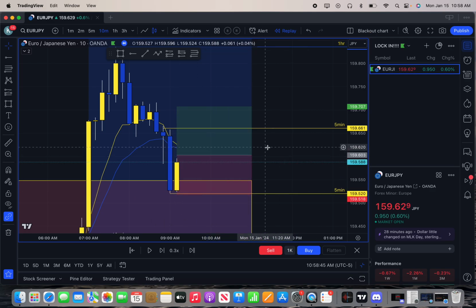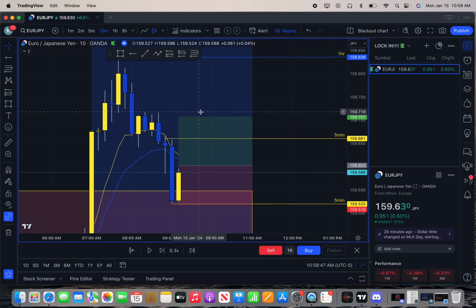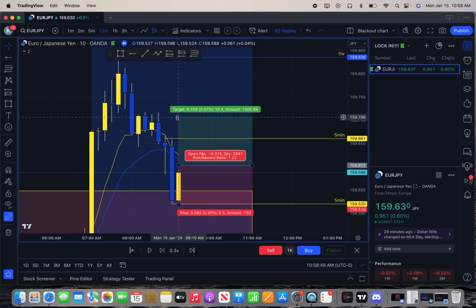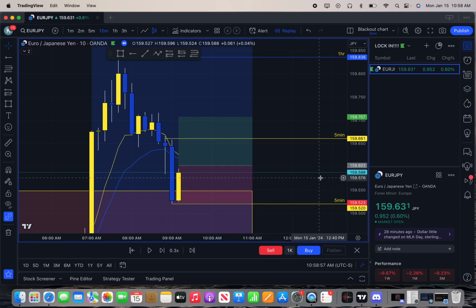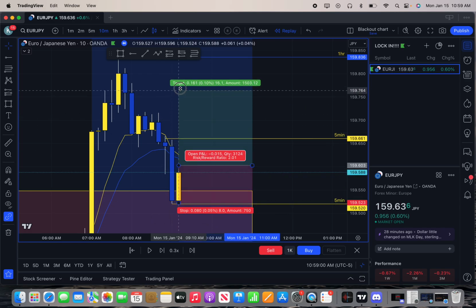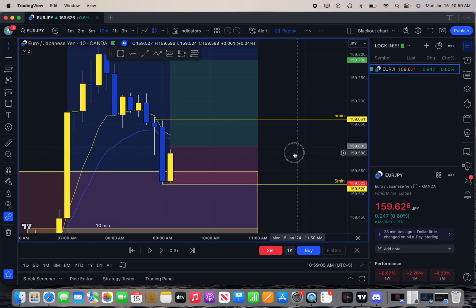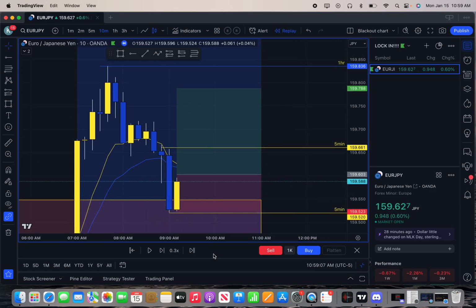About 8.5. Yep. So that means we'd be looking at, so my actual was 8 pips. So we're doing about 8, which is 9, which is 18.5. So this was my second trade of the day off this 10 minute confirmation. So let's see if we get entered off the next candle.